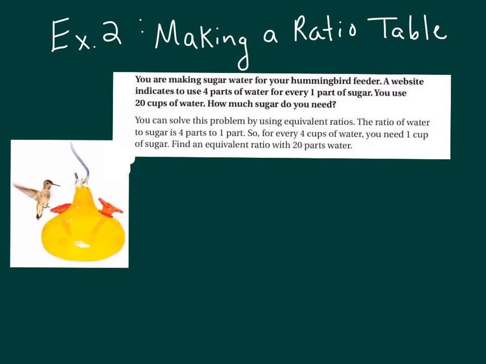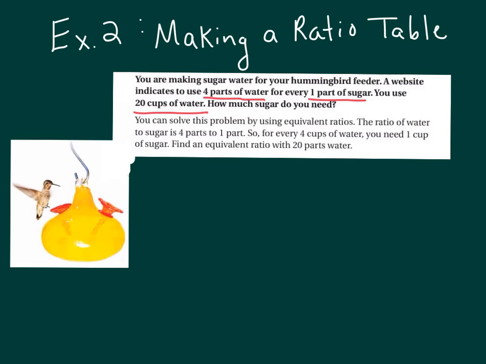For example 2, we're going to make a ratio table to help us answer this question. The question says that you are making sugar water for your hummingbird feeder, and a website indicates to use 4 parts of water for every 1 part of sugar, and then they tell us that you're going to plan to use 20 cups of water in your bird feeder, and we're going to try to figure out how much sugar you would need then to keep your ratios equal.